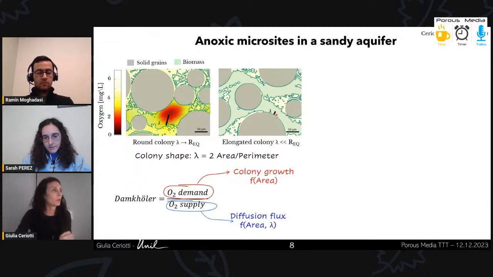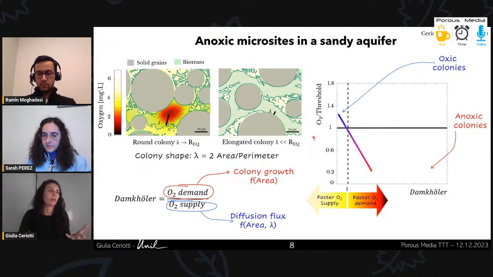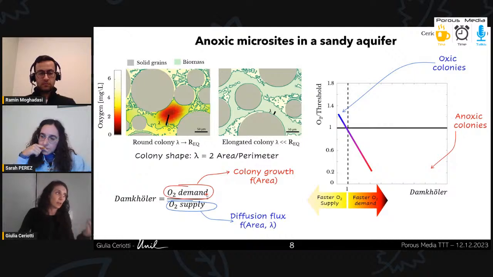So to see if our model was working and interpreting what's happening in our system, we prepared this plot where we have the prediction on the x-axis and the result, the reality, on the y-axis. On the x-axis, we have the Damköhler number, which we define as the ratio between the oxygen demand of each colony and the oxygen supply.